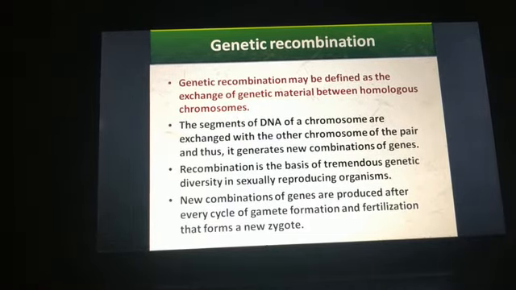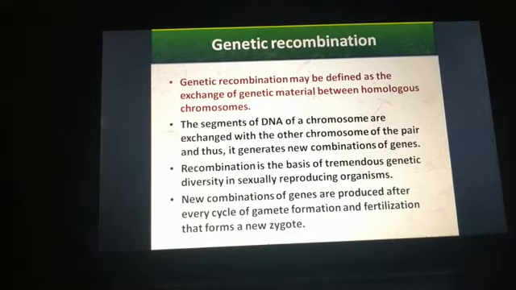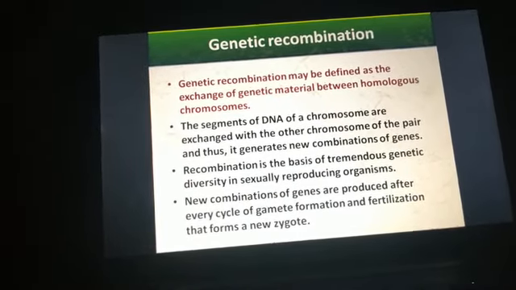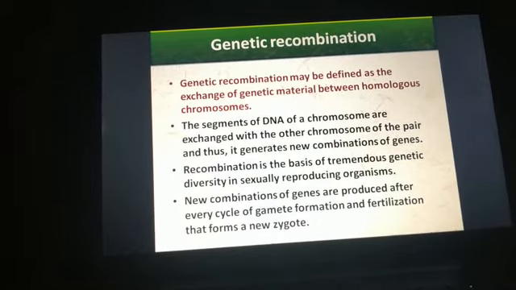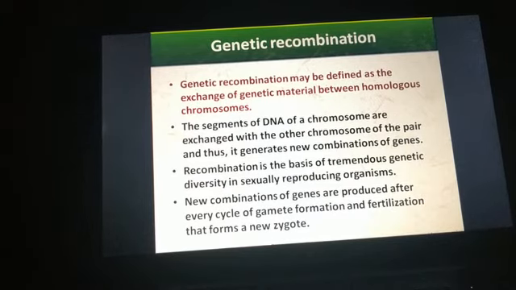So as a result the recombination occurs in meiosis. In meiosis the male gamete and the female gamete give rise to a new combination of genes, and after fertilization they produce a variety of different genotypes in the offspring.